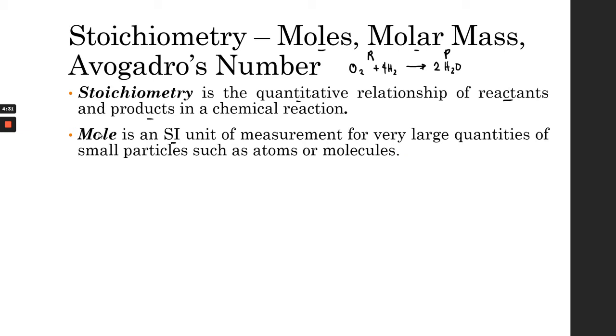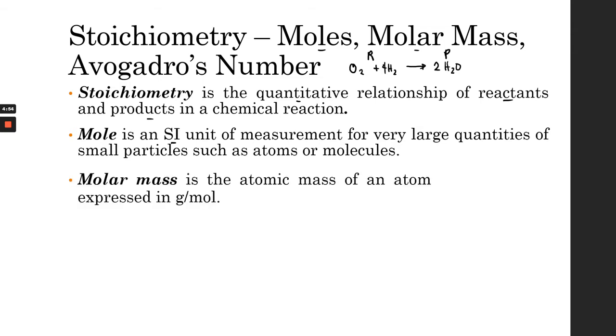You can think of moles as like a dozen. You know, dozen means 12 pieces. So if you have a dozen eggs, that means 12 pieces. One mole is basically a very large quantity of oxygen. And there's actually a very specific number of that large quantity of oxygen that we later call Avogadro's number.